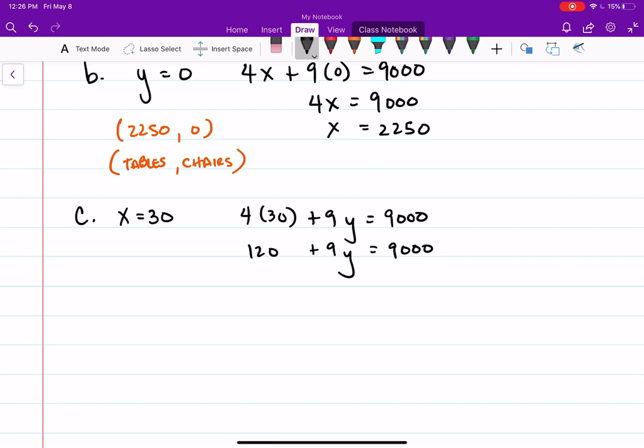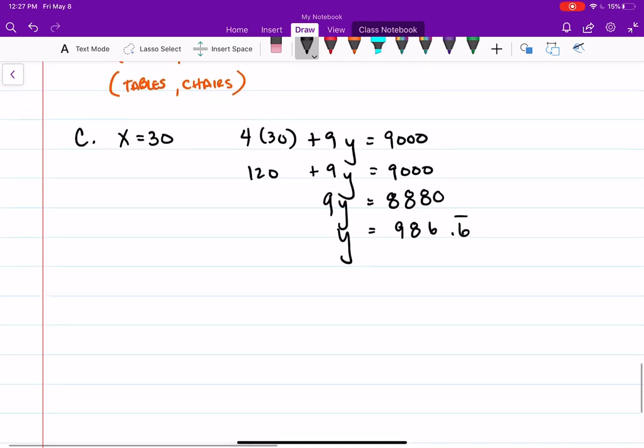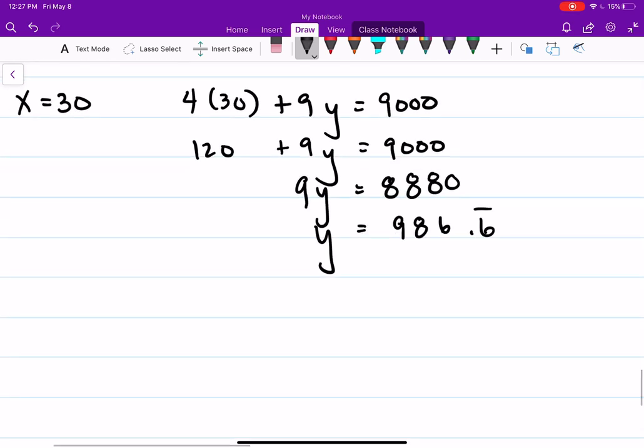So 9y is equal to 8,880, so y is equal to 986.6 repeating. The question is, would the answer be 987?